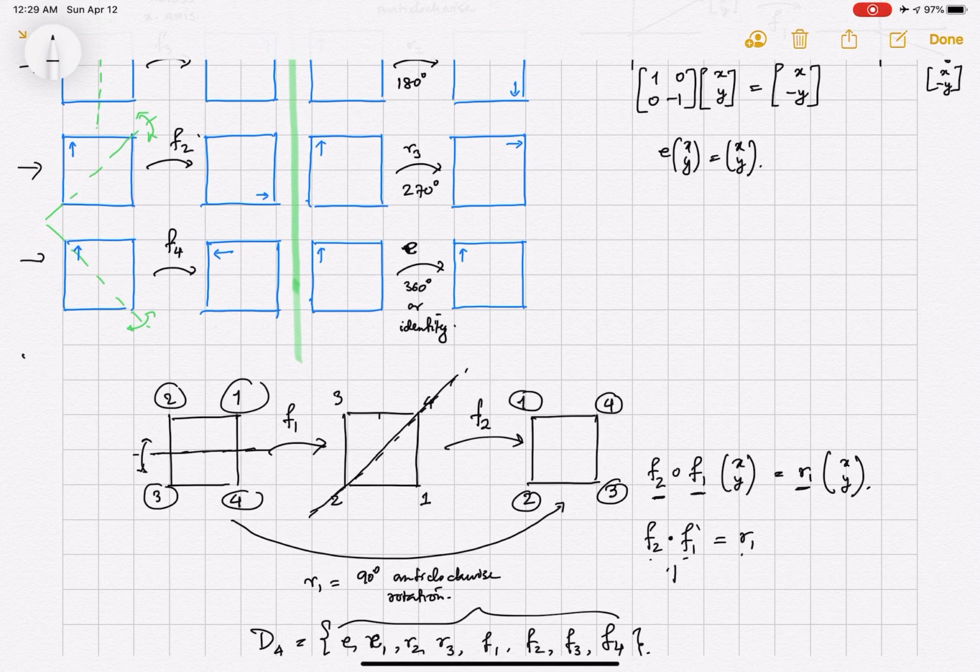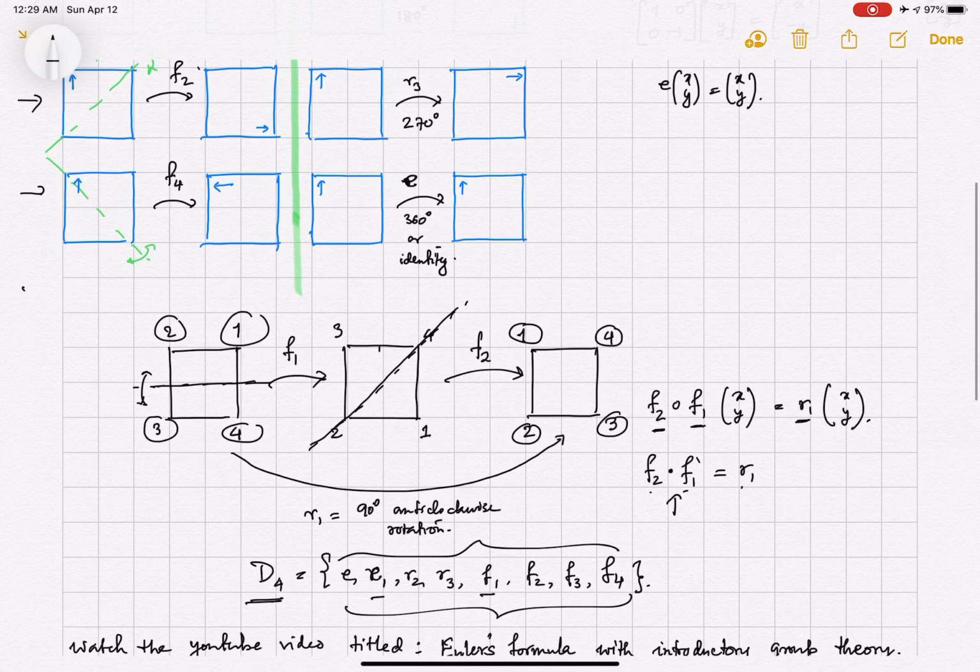But you have to understand that the order in which I'm applying these matters. When I write F2 dot F1, it means first apply F1, then apply F2. Okay, that's what it means.